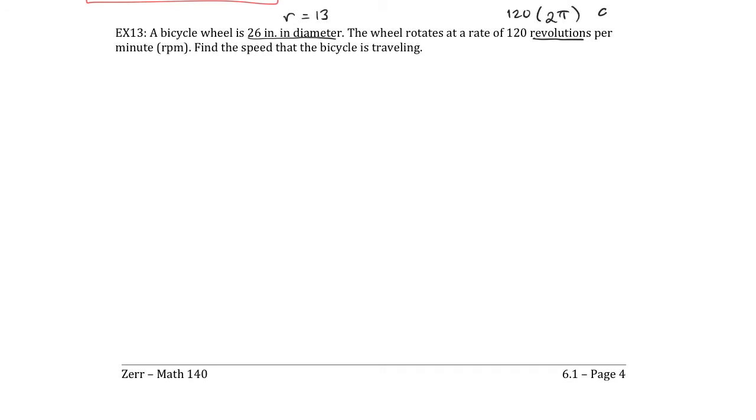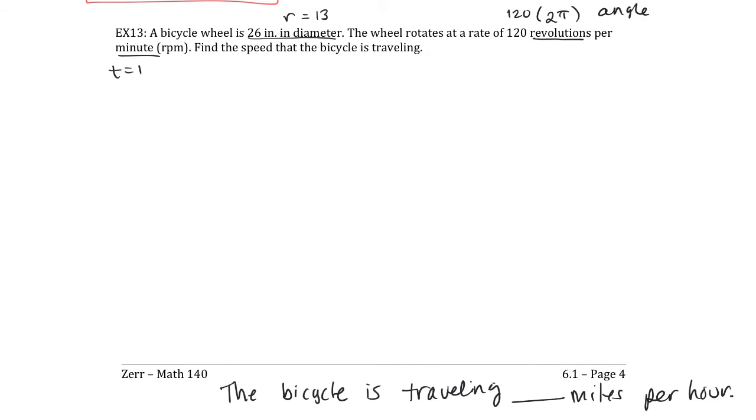That's my angle. And per 1 minute, so t equals 1 minute. Find the speed that the bike is traveling. We want to know the speed, usually that's in miles per hour. The speed that the bike itself is traveling along the road is a linear speed.